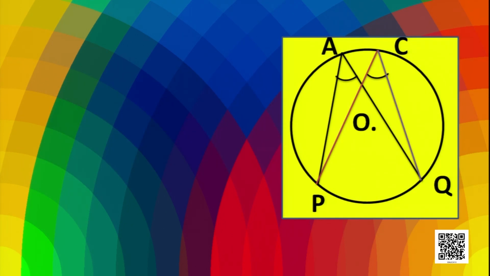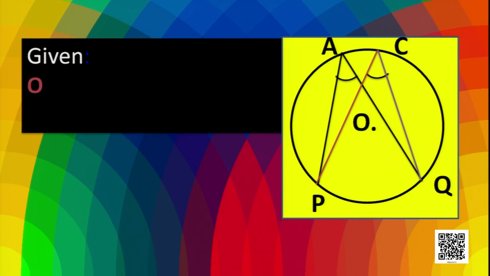Let's see. Here is the figure. PQ is the minor arc and rest of it is the major arc. A is a point on the major arc. C is also another point on the major arc. So what is given?